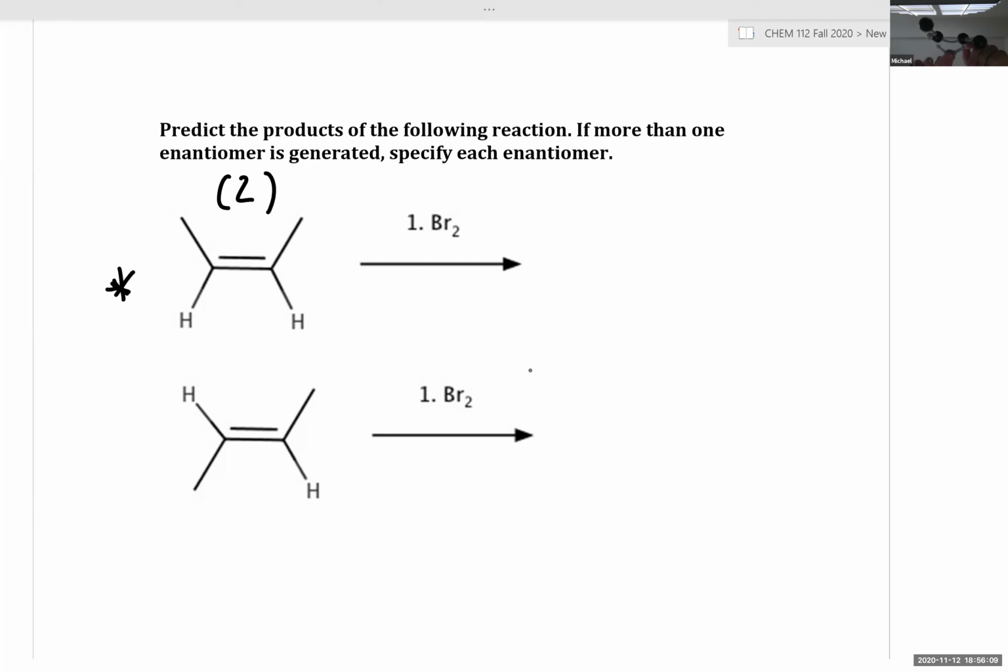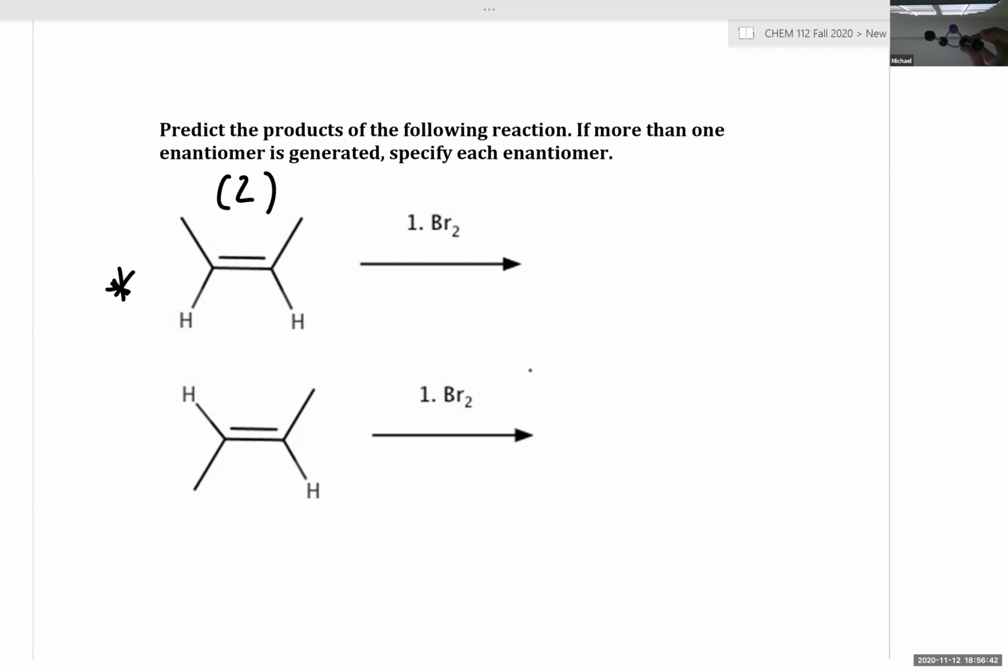They're equivalent approaches for this flat molecule. So we're going to arbitrarily attack from the top face. And we're going to make the following bromonium ion. Does that make sense to everyone so far? Does everyone see how we attacked from the top face? So we made the following bromonium ion. Does that make sense to everyone?